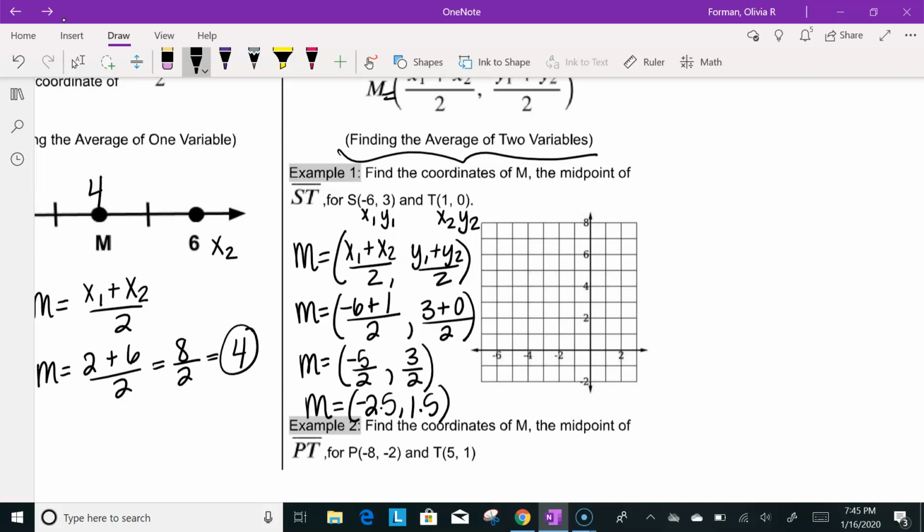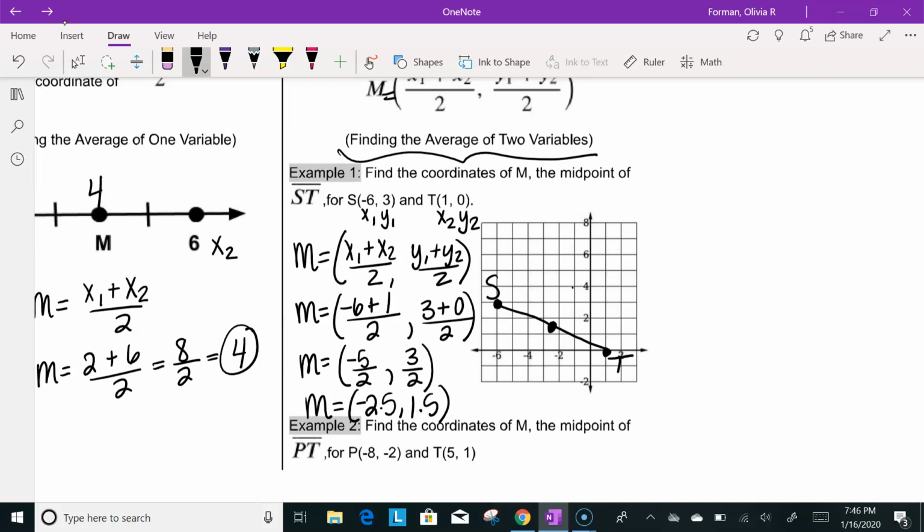So what I'm going to do is just graph these numbers real quick. Point S is at negative 6, 3. So here's S. And point T is at 1, 0. Oops, that's 1, 1. 1, 0 right here. If I connect those, it's saying that my midpoint is at negative 2.5, 1.5.